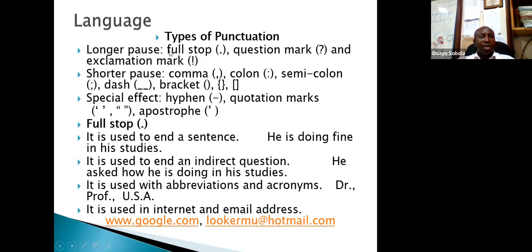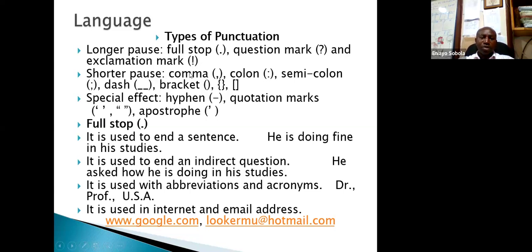For longer pauses, we have a full stop that shows that an expression has come to an end. Your sentence has come to an end. We have a full stop, we have a question mark, and also an exclamation mark. These three marks signify that you have written a sentence. And the sentence is complete.